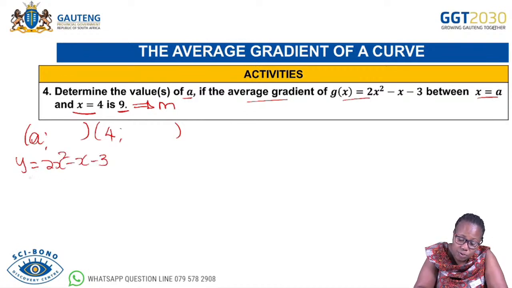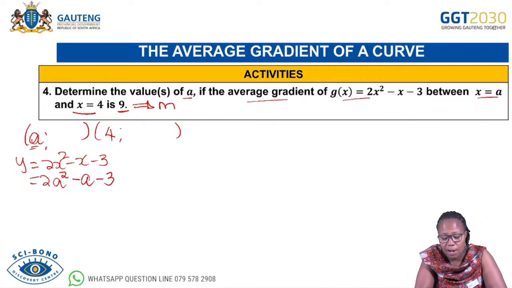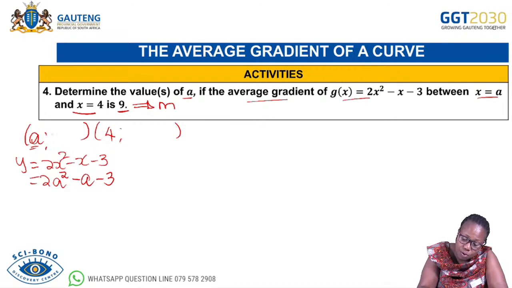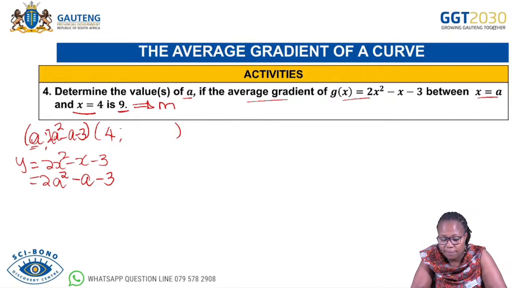We are now substituting the first x value. What is our x value? It's A in this case. Don't be stressed by the variables. Work with them. Familiarize yourself with that. Then that will give us a y value that is 2a squared minus a minus 3. Back to the coordinates, it's a, 2a squared minus a minus 3. That is our y value.